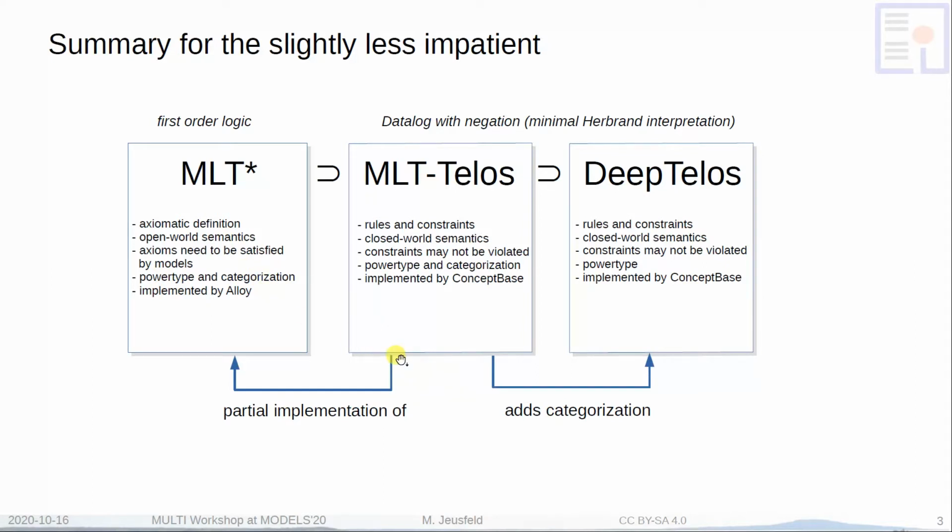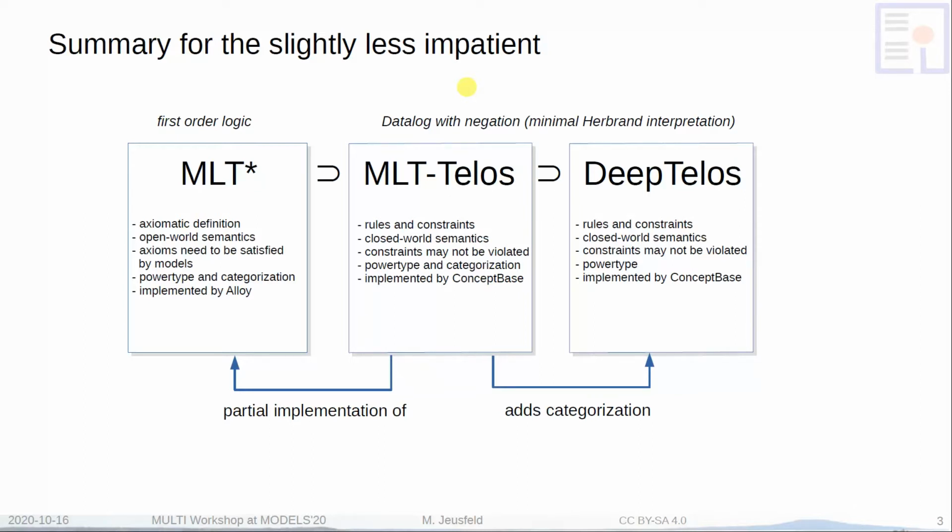In contrast, MLT-Telos and deep Telos are realized not in first order logic, but with Datalog with negation. That is a logical framework that has only a single interpretation, the minimal Herbrand interpretation that is computed by some fixed point operator. In Datalog you have rules, and some of the rules can be regarded as constraints. We have a closed world semantics.